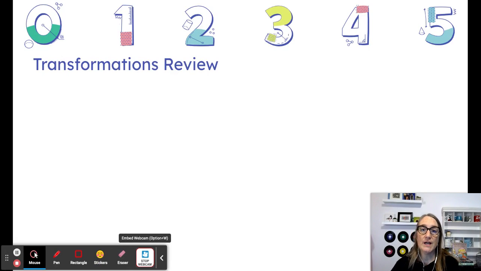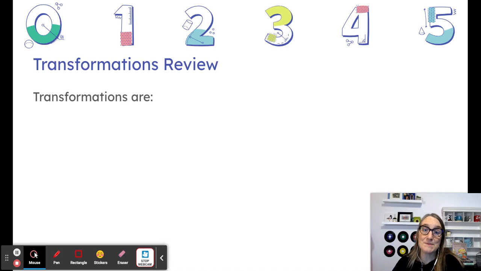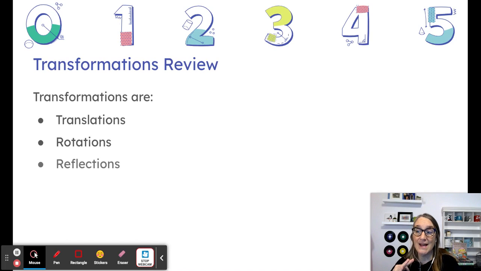Let's review what we have learned in prior years about transformations. Now, you've been learning about transformations since at least grade 4, but you probably talked about them a lot using words like slide, turn, and flip. Hopefully last year in grade 5, you used the correct math vocabulary terms a little bit more, so you're prepared to use them exclusively in grade 6, because that is my expectation, that we will only use these 3 words: translations, rotations, and reflections.